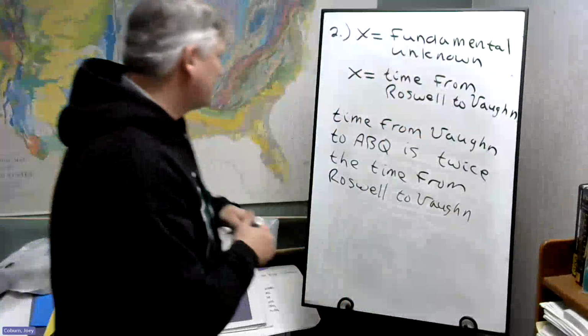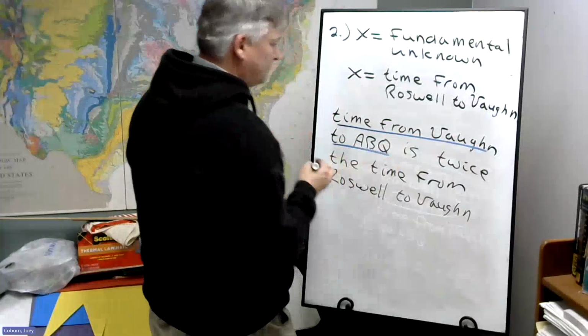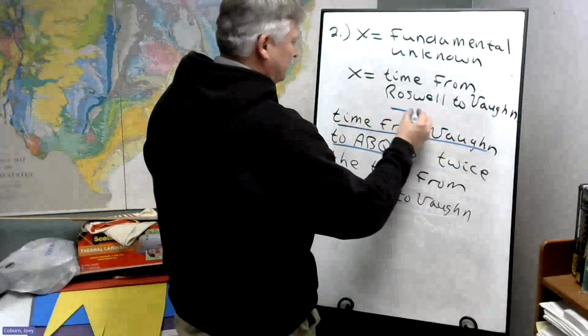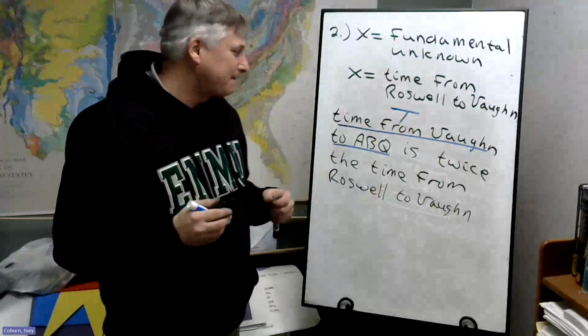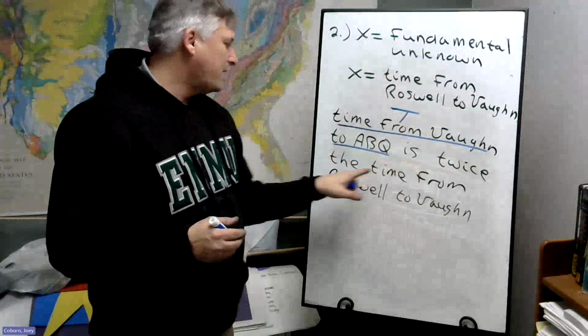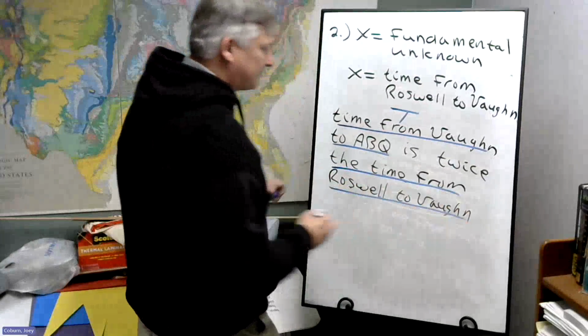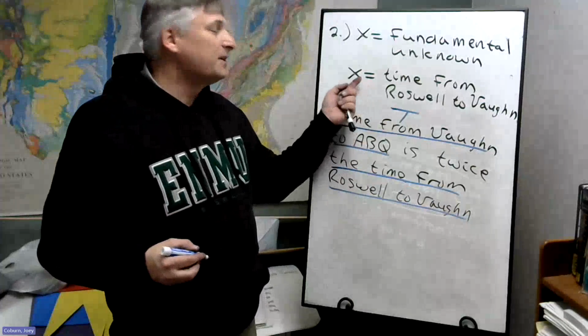So what we're given here, the time from Vaughn to Albuquerque, that's a time. So we'll call this maybe t. Really great to call time t. It is twice, what is it twice? The time from Roswell to Vaughn. Now, we already have a variable for this. We call this x.